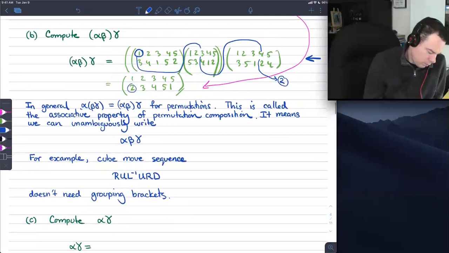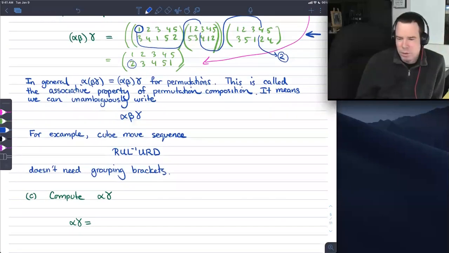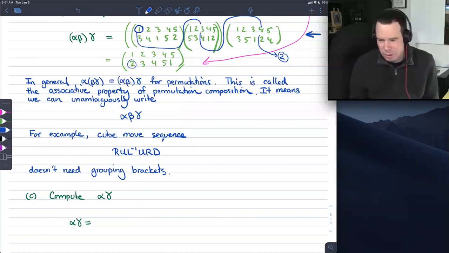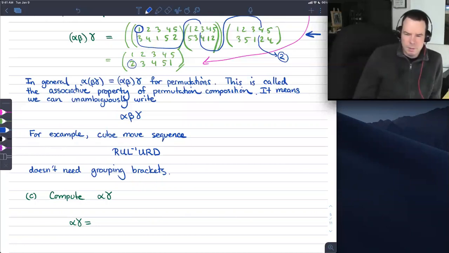And so, for example, if I make the connection with the cube, I can write things like R, U, L inverse, U, R, D without having to specify grouping brackets. You know, how each move corresponds to a permutation and tell you that you need to multiply these ones first before those ones. This tells me immediately that I don't need grouping brackets. I can just read from left to right, and I will get the result, and it's unambiguous.